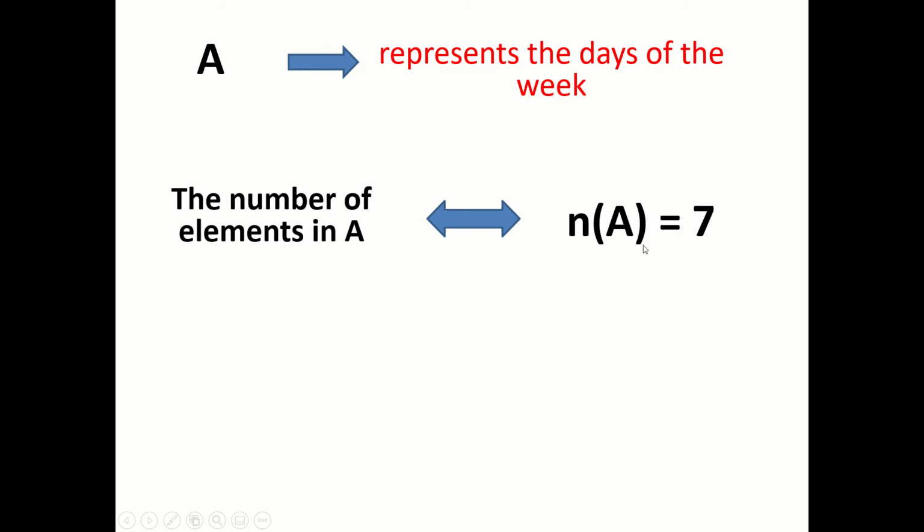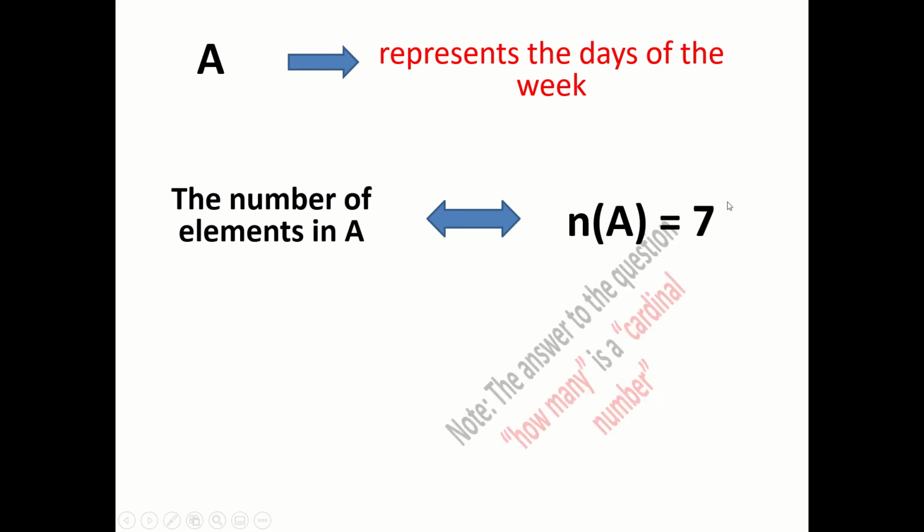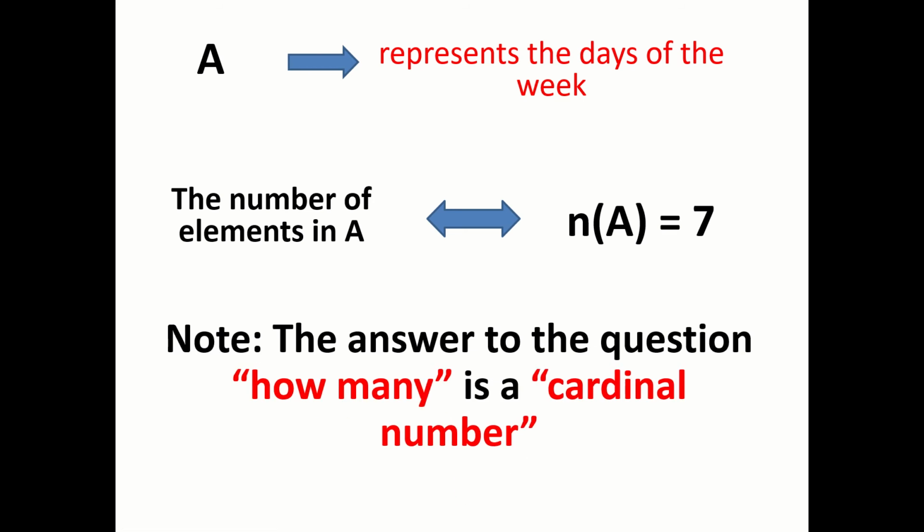The way we read it is number of elements in A. So your answer a while ago actually answers the question for cardinality. Cardinality refers to how many elements you have in that specific set. The result, or your answer, is also called a cardinal number.